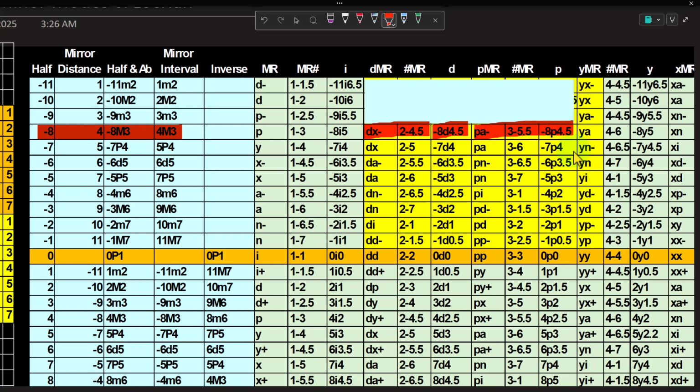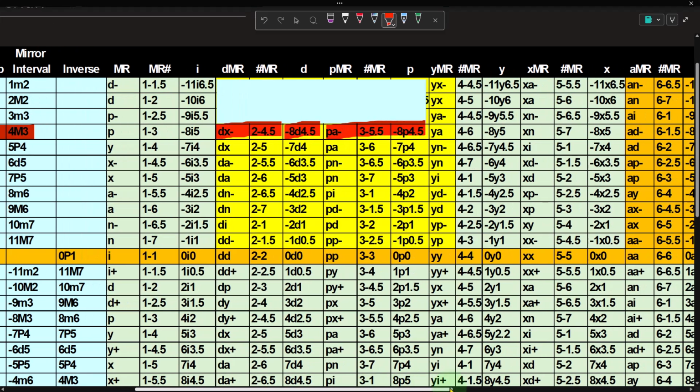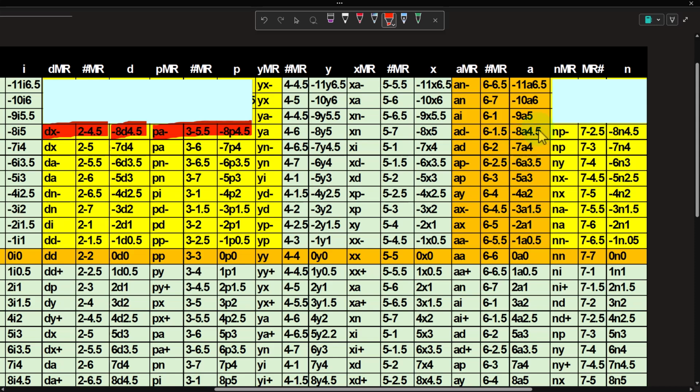going counterclockwise, -8 notes. From the Phrygian node would be -4.5 modal half steps backwards. Similarly, from the Locrian, it would be an NP negative modal range, a 7 to a 2.5 modal range, a -8 steps back from the Locrian node, which would be -4.5 modal half steps backwards.